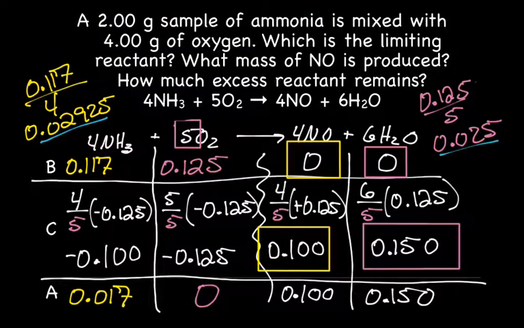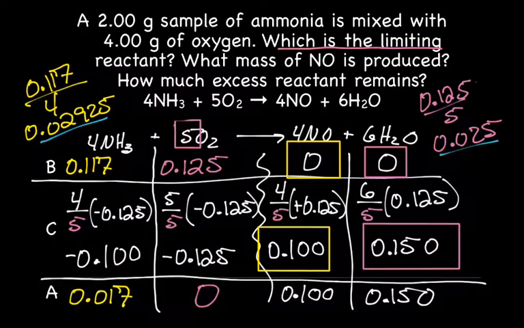All right, let's go back to our question and see what kind of things we're supposed to answer. So the first question is, which is the limiting reactant? Well, the limiting is the one that got used up all the way, and that would be the oxygen. So the limiting reactant is oxygen.